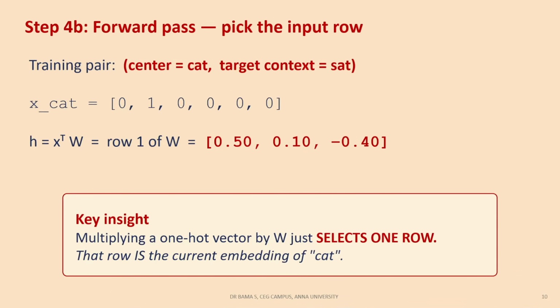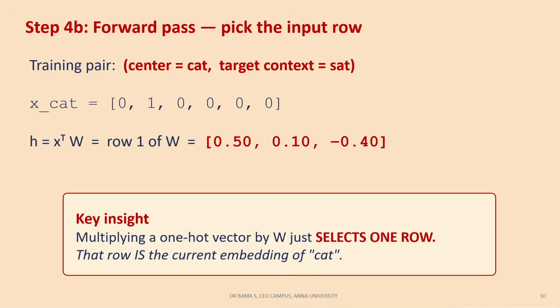Now the forward pass. It is the same method that we did in neural networks, where we calculate W transpose X, or in this case X transpose W. It is nothing but multiplying W with X and summing up those values. Given cat, we have to predict the target context as sat.